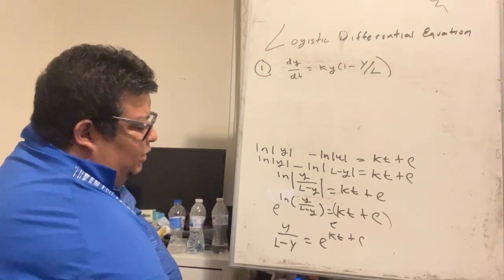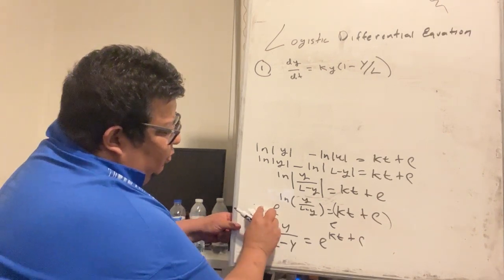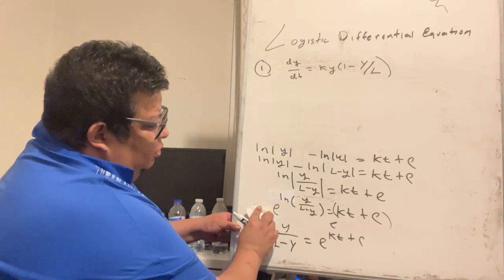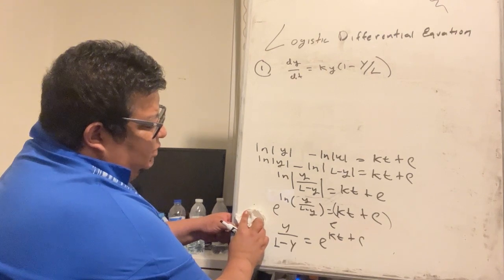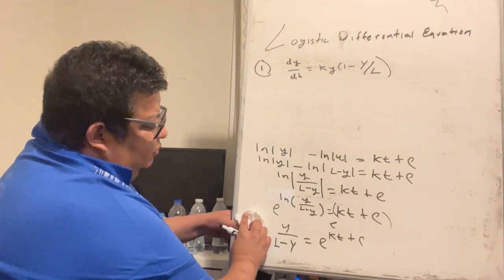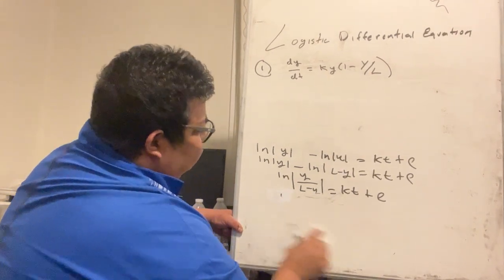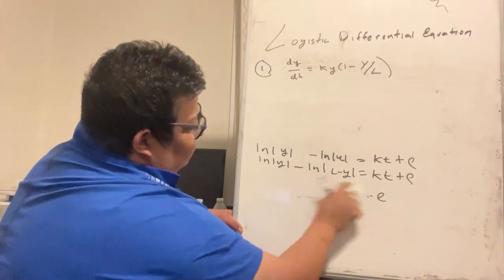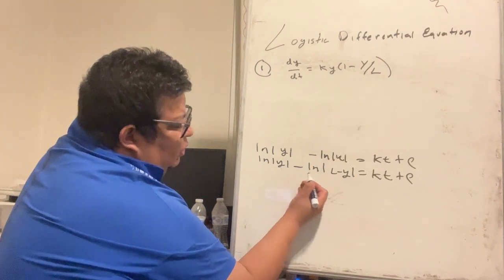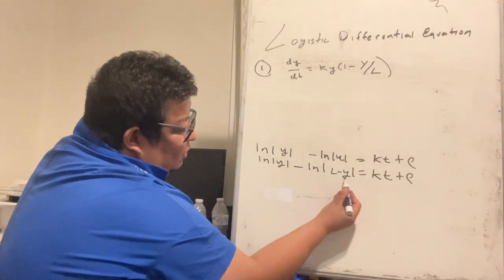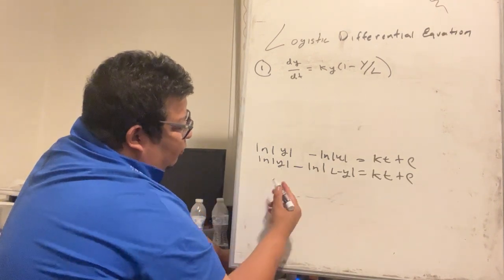Okay, so before that, I want to make this easy. Let's go back here and do this. We have a minus here. What I want to do is put this term on top, and I'll tell you why: it's going to be easier.